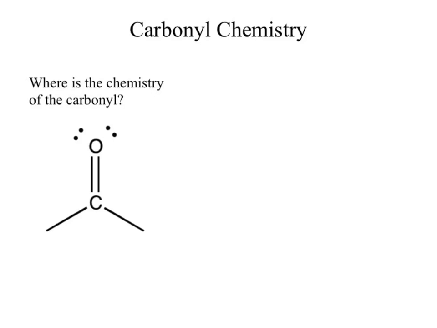We talked about this one already, our active chemistry on a carbonyl. We've got the lone pairs on the oxygen giving us a nucleophilic characteristic. Because that carbon is attached to an electronegative oxygen, we have an electrophile in that carbon. Hidden chemistry, we have the alpha position. That hydrogen is also partially acidic, and actually quite acidic, which is due to resonance.